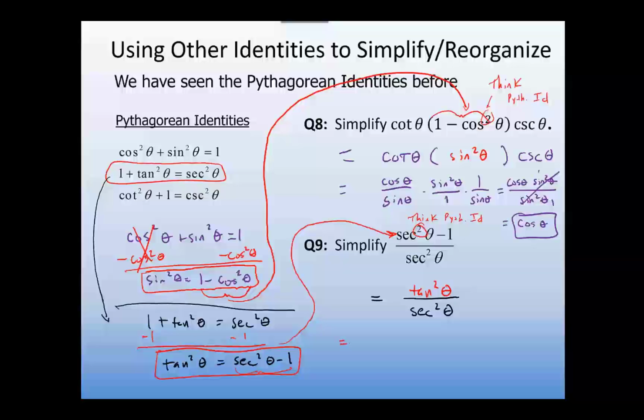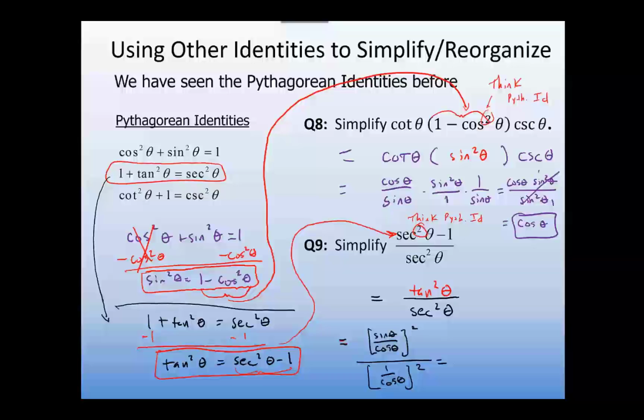Now I can simplify number 9 even more because I have other identities. Tangent is squared, and tangent is sine theta over cosine theta. Now secant is squared, but secant is 1 over cosine theta.